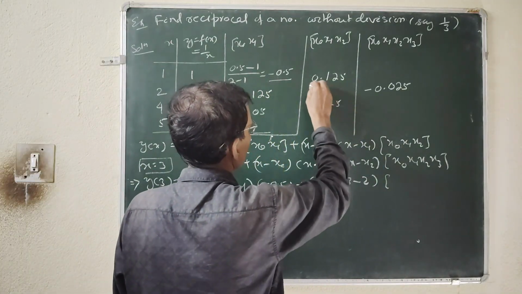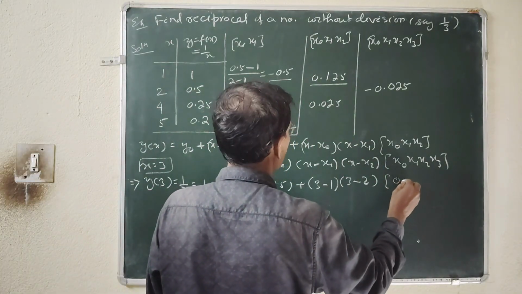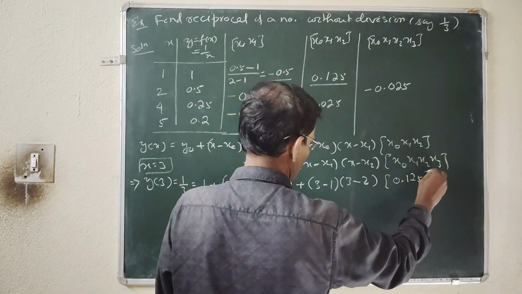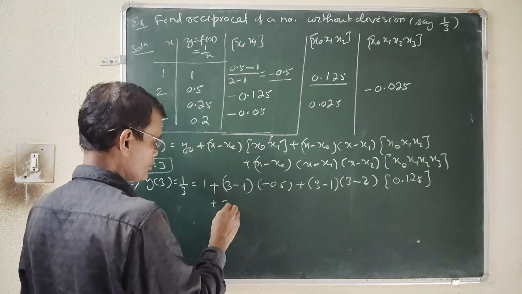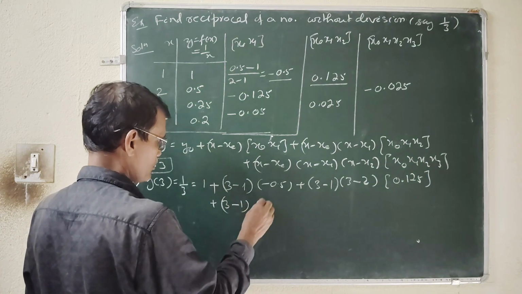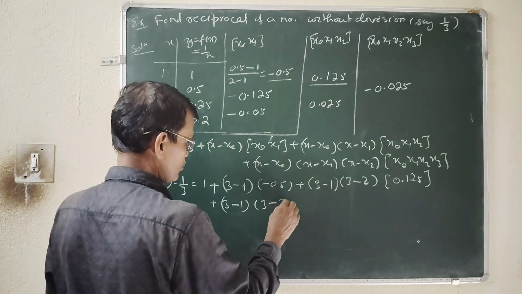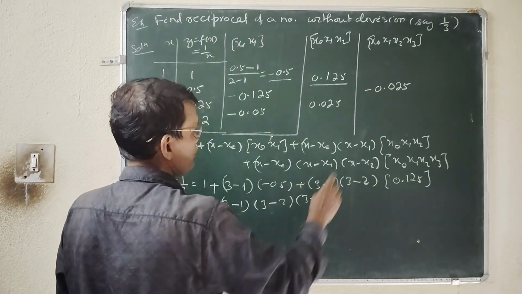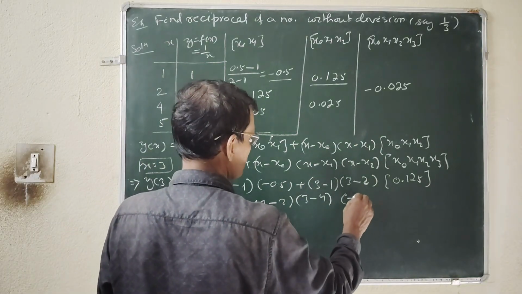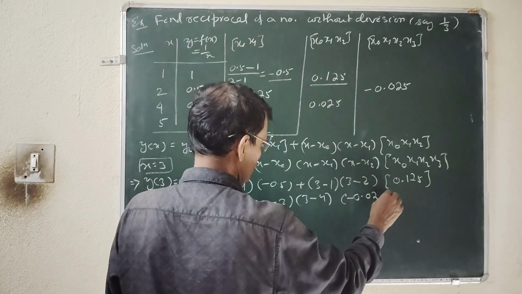which is 0.125, plus (3 minus 1) into (3 minus 2) into (3 minus 4) into the third order divided difference, that is minus 0.025.